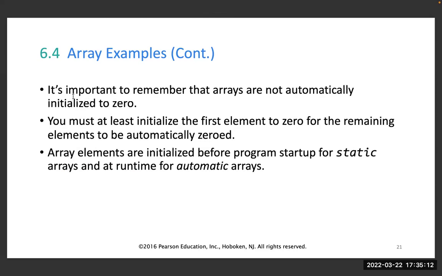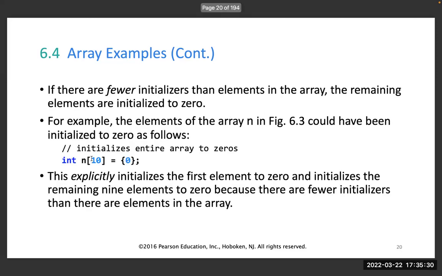Okay, so we need to remember arrays are not automatically initialized to 0. We need to do this manually. If you want all elements to be zeros, you just need to put a 0 with the curly brackets.